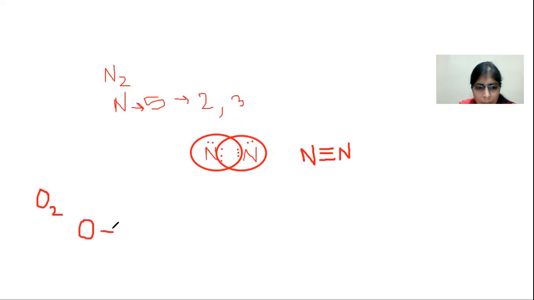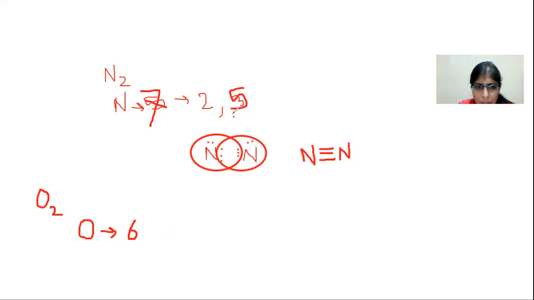Oxygen has atomic number 8. Oh, wait. Nitrogen has atomic number 7, so it is 2, 5.